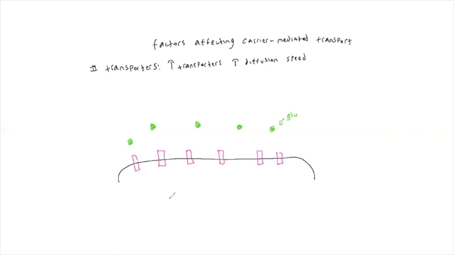So the more GLUT transporters I have, the more glucose molecules can be transported at once. So the greater the number of transporters, the faster the diffusion speed. And in this same vein, the next one is what we call saturation.